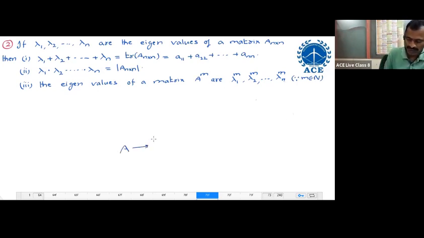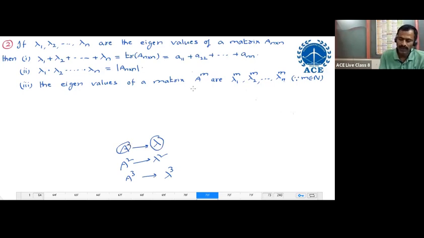Suppose A has eigenvalue lambda, then A square will have an eigenvalue lambda square. Similarly, for A power 3 matrix, eigenvalue will be lambda power 3 only. So if we know the eigenvalues of matrix A, we can write the eigenvalues of any power matrix like this.